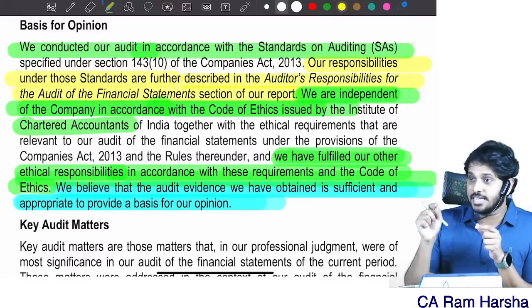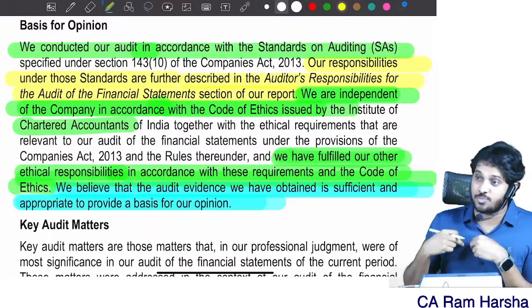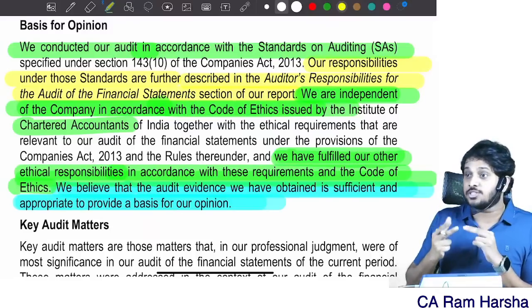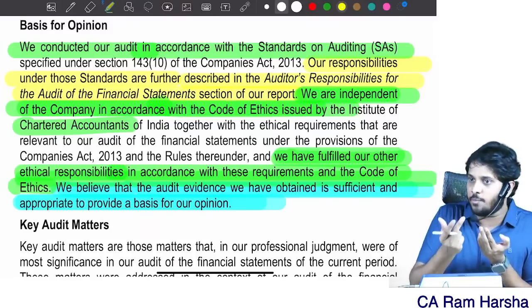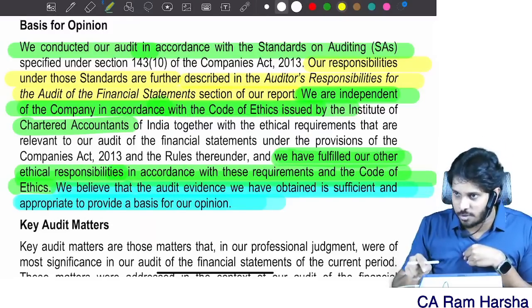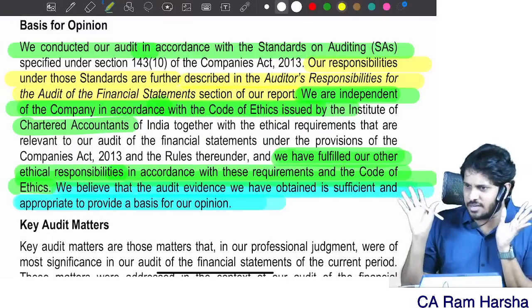Suppose 210 says we are responsible to give an engagement letter. SQC says we are responsible to establish quality control policies. 200 says we are responsible to obtain reasonable assurance and give opinion. 700 says we are responsible to prepare the audit report as per so and so format.